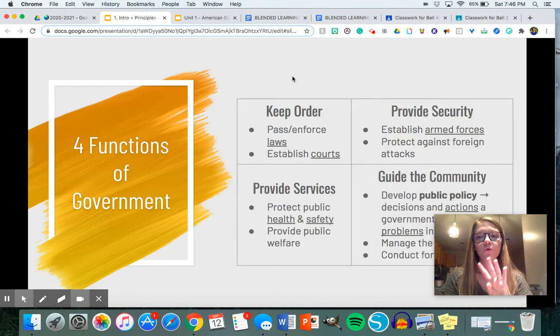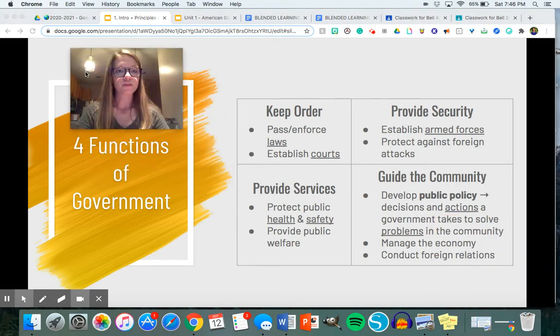Now, there are 4 functions of government. I'll move myself up here. I want you to get this written down so that we can think about where our principles fit into these. First things first is keeping order. One of the purposes of government is to pass and enforce laws. Without those rules and regulations, it would be complete chaos.